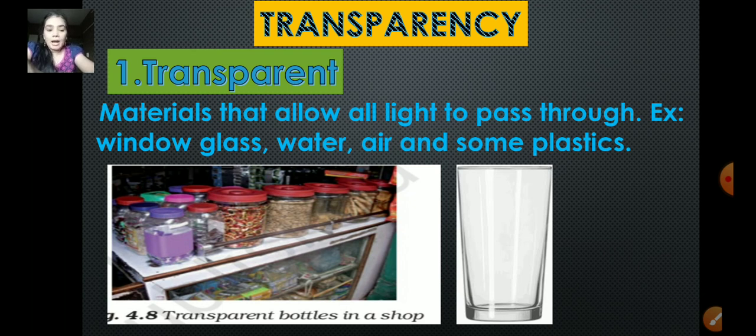On the other hand, there are some materials through which you are not able to see. So these materials are called opaque. The things which you can see through are called transparent and the things which you cannot see through are called opaque.